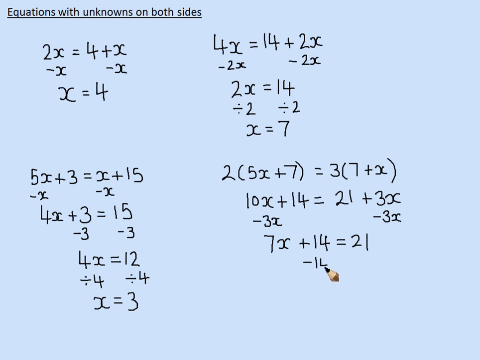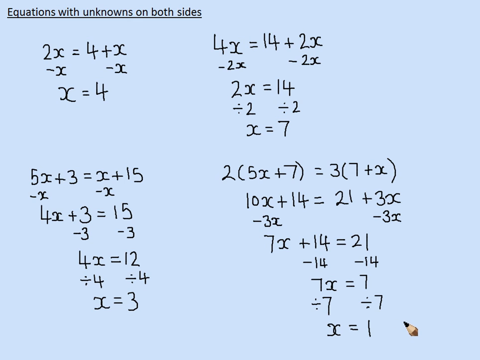Take 14 away from both sides of the equation to leave 7x equals 7. And then that's 7 lots of x, so multiplied by x, the opposite of multiply is divide, so we're going to divide both sides by 7 to give us x equals 1. And be careful here, 7 divided by 7 is 1 and not 0.